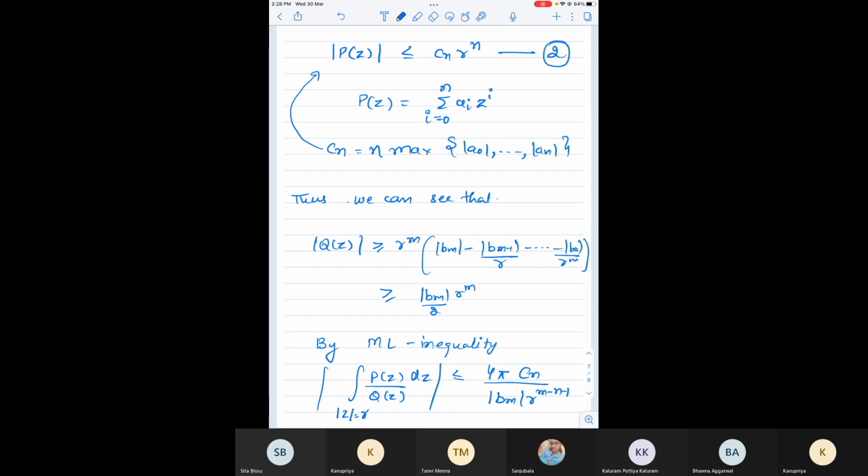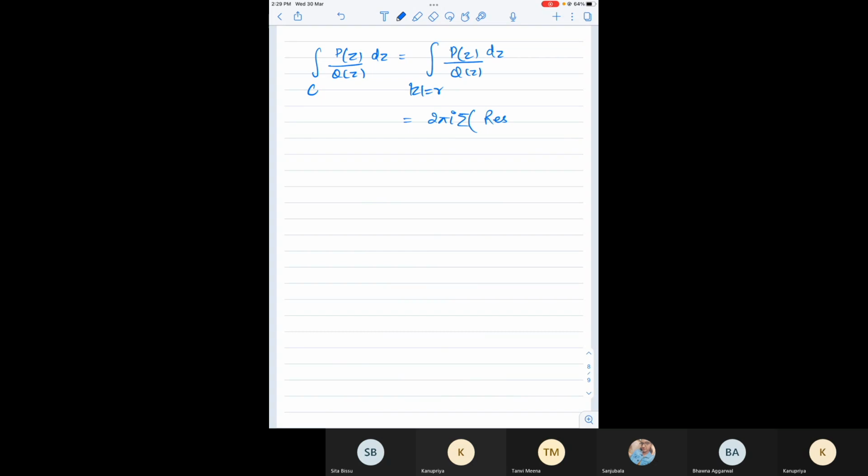From the residue theorem, you can see that this integral over that contour C will be the same as the integral over the circle of radius R, which equals the sum of the residues.